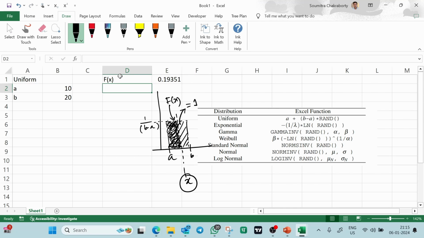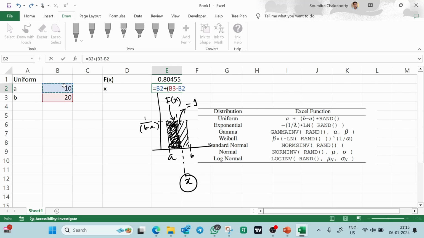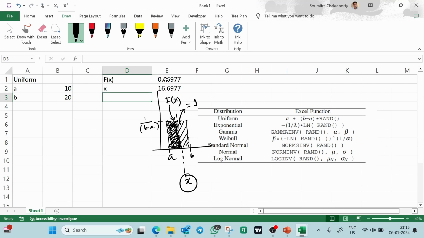Random number. Okay. So then what is your x value? See this formula, a plus b minus a into what? This random number, this one, right?